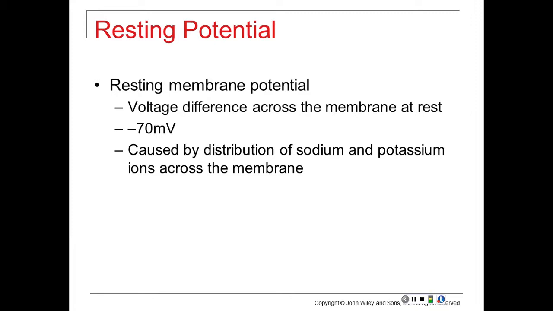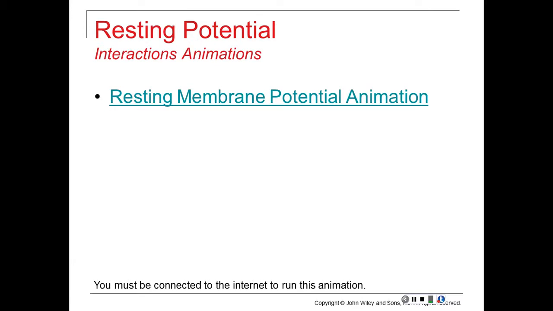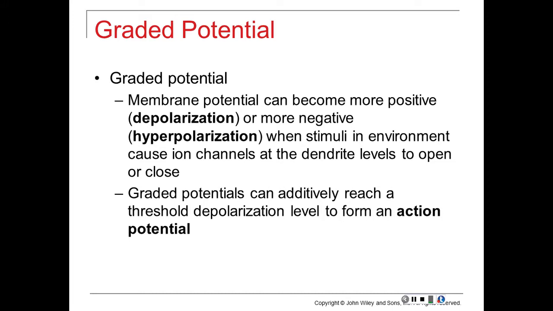Potassium is a slightly larger positive ion. So what we're saying when we say that the cell has a resting membrane potential of negative 70 millivolts is that the number of sodium and potassium ions outside of the cell is greater than what it would be inside the cell. This animation goes through the idea of resting membrane potential.